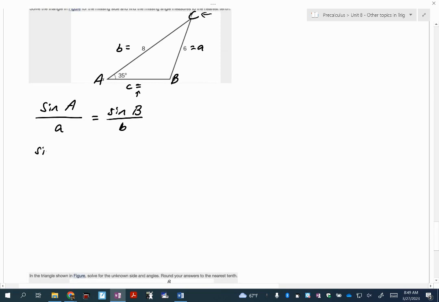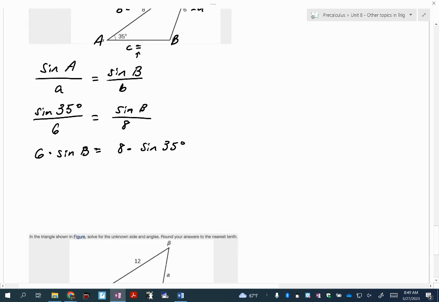So we got the sine of A, which is sine of 35 degrees over side length A, which is 6. The sine of B, which I don't know angle B, over side length B, which is 8. So you cross multiply and you get 6 times the sine of B equals 8 times the sine of 35 degrees.